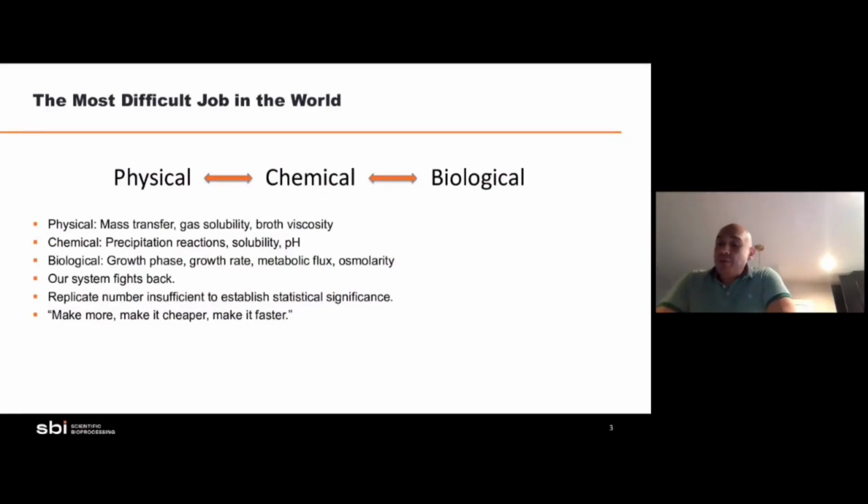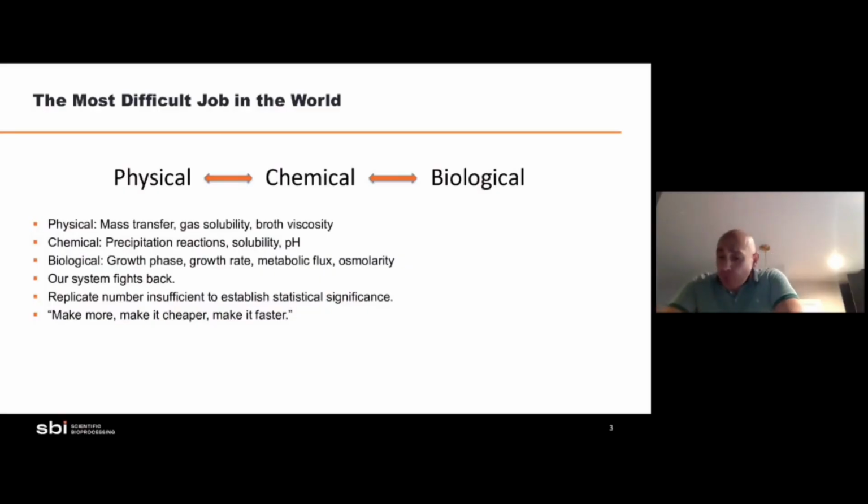Physical phenomena may include mass transfer considerations due to reactor geometry and mixing, the effect of pH and salinity on gas solubilities, and non-Newtonian broth characteristics. Chemical phenomena may include precipitation reactions due to solubility limits, heat and light reactions, and finally, the biological considerations: growth phase, growth rate, metabolic flux, osmolarity, shear tolerance, genetic drift, sterility, etc.